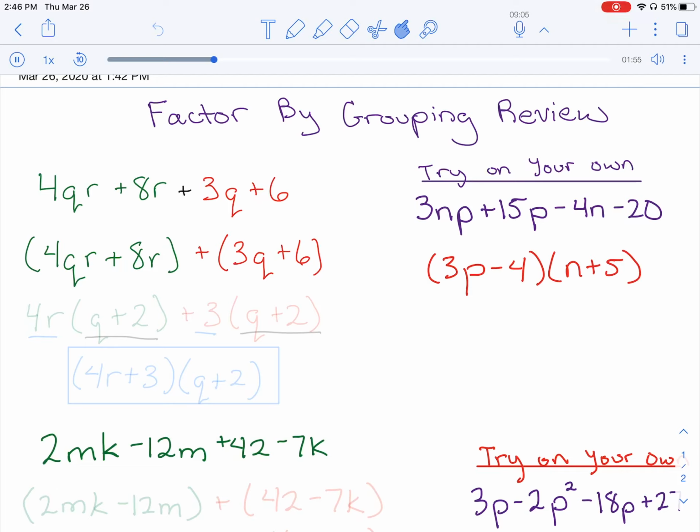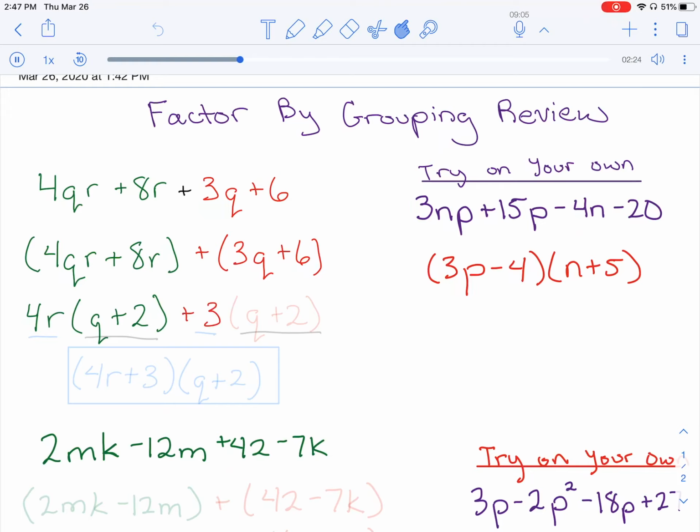So out of 4QR plus 8R, I know that they both have in common a 4 can come out of both terms and an R can come out of both terms. So when I pull out a 4R, or when I factor out a 4R, I'm left with Q plus 2. And from 3Q plus 6, I know that I can pull out a 3.